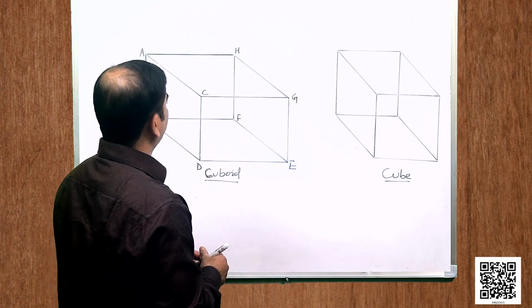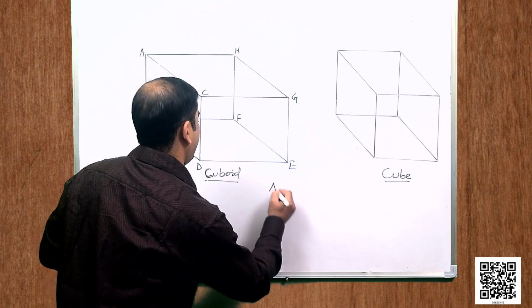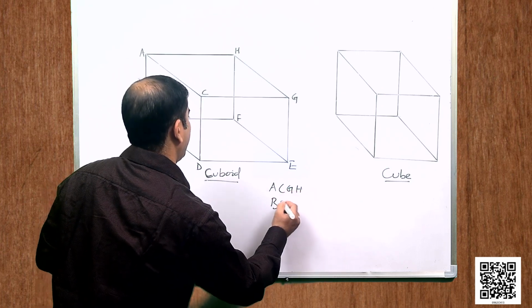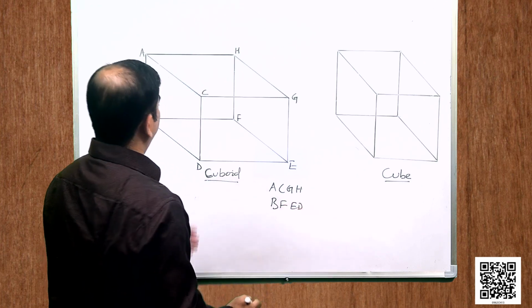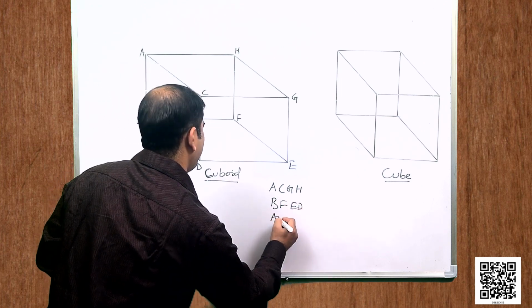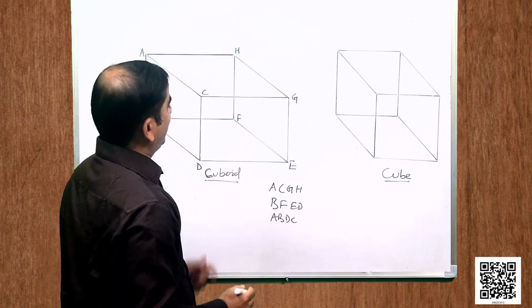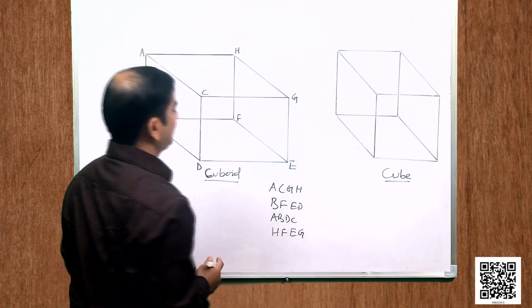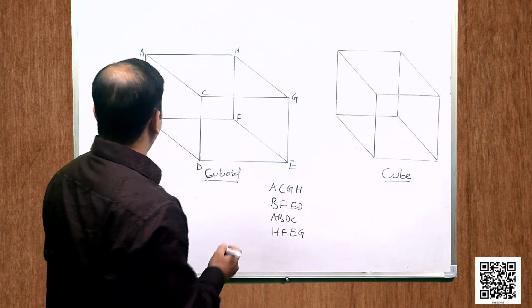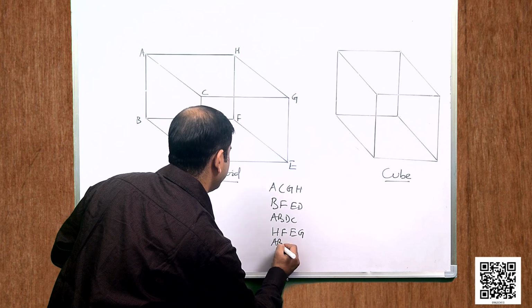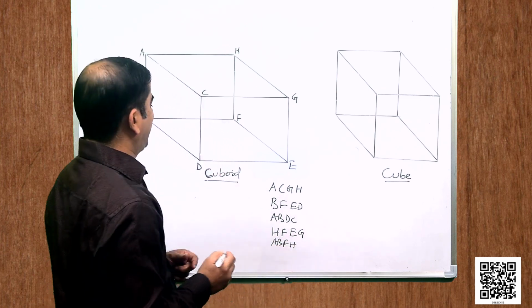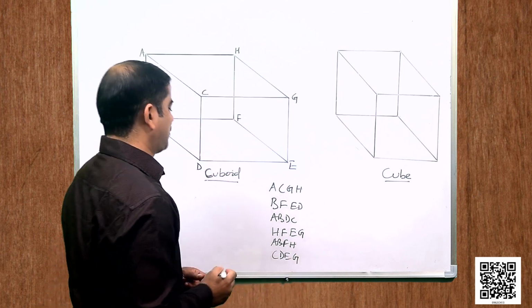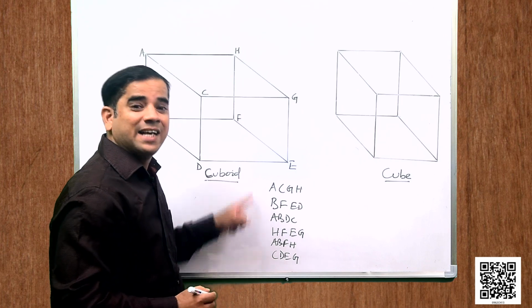Starting from the top, we have ACGH. Down, BFED. On my left hand side, ABDC. On my right hand side, HFEG. Back side, ABFH, and front side, CDEG. In this way we have a total of 6 rectangles.